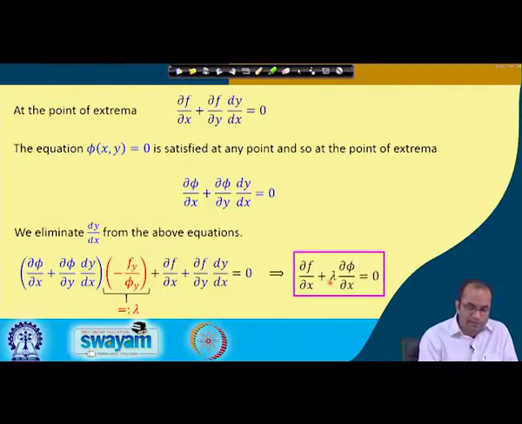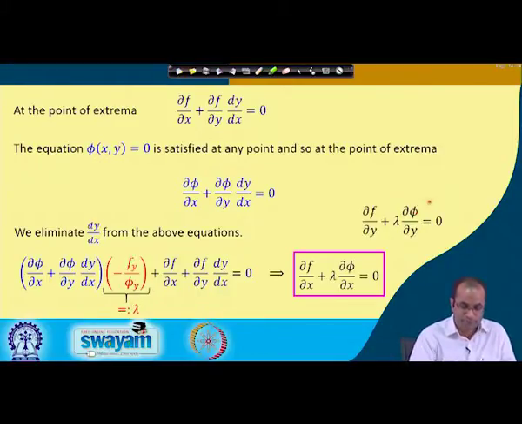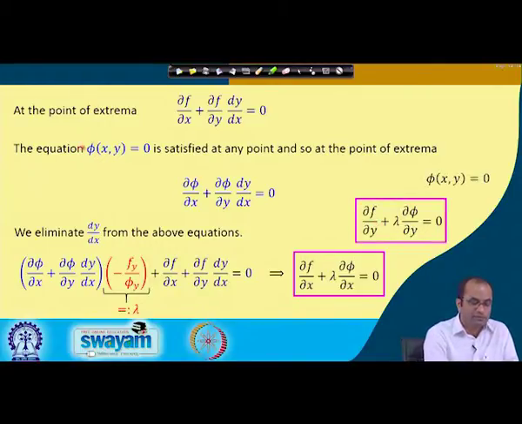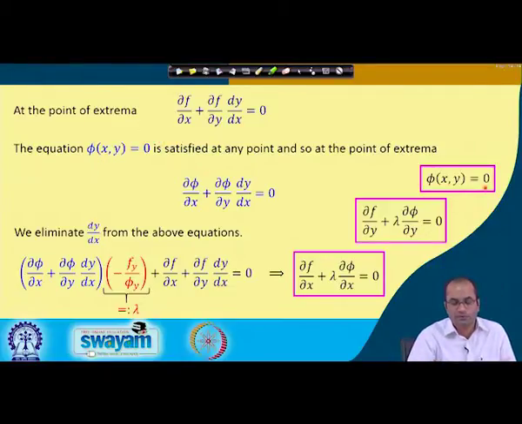Another one, since lambda has appeared here, we have this relation from here that del f over del y is equal to this phi y into lambda, which is the relation here. So, we have another relation which has to be satisfied, and we have this equation phi x y is equal to 0. So, we have these three equations which have to be satisfied at the point of extrema there.